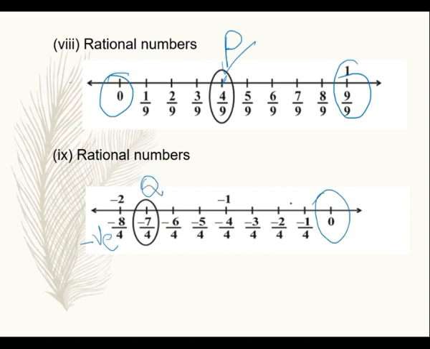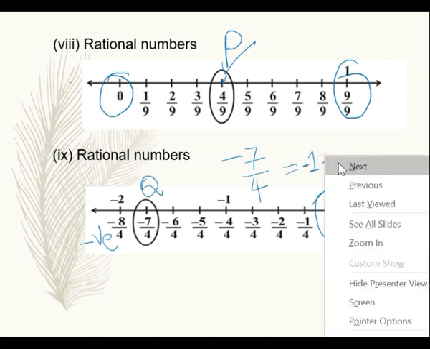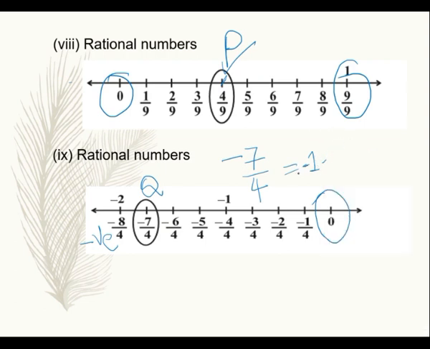It is showing us minus 7 by 4, which means it is not between 0 and minus 1. It is between minus 1 and minus 2. How can you say? It is just because of the value of minus 7 upon 4, which is minus 1.75.